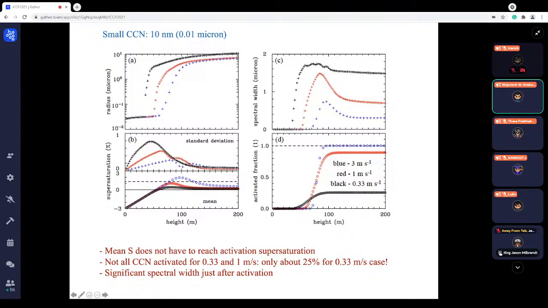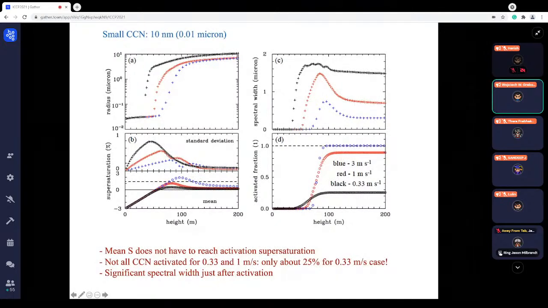If you chose a smaller domain, these fluctuations would be smaller. Okay, so a couple of points to notice. First of all, the mean supersaturation doesn't have to reach activation supersaturation, for example for the small updraft, because you have large fluctuations, and that's enough to activate, and actually activation starts earlier, before you reach saturation, as you can see.